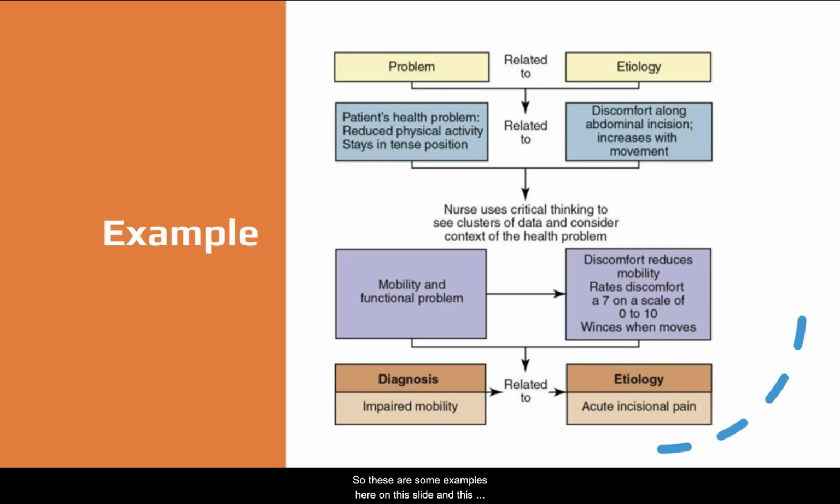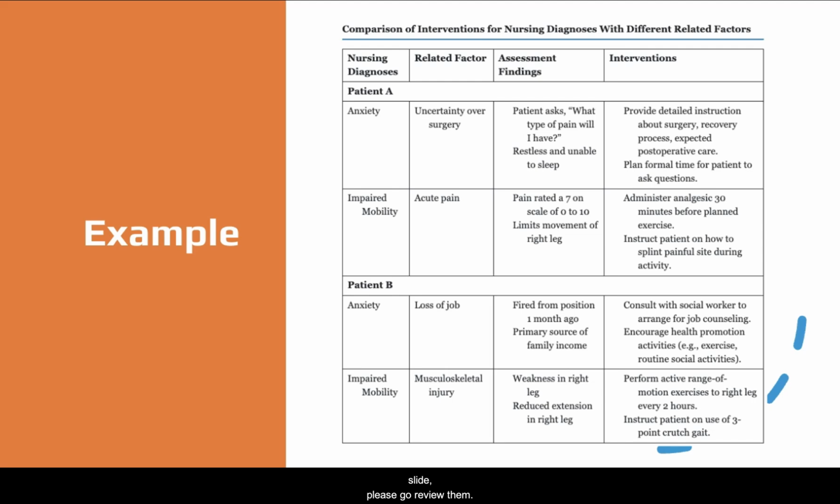So these are some examples here on this slide and this slide. Please go review them. It will really help you to understand how a nursing diagnostic statement is formulated, how it's written. For example, let's look at one over here. It says anxiety, right? Anxiety related to uncertainty over surgery. What are your assessment findings? As evidenced by patient asking, what type of pain will I have?